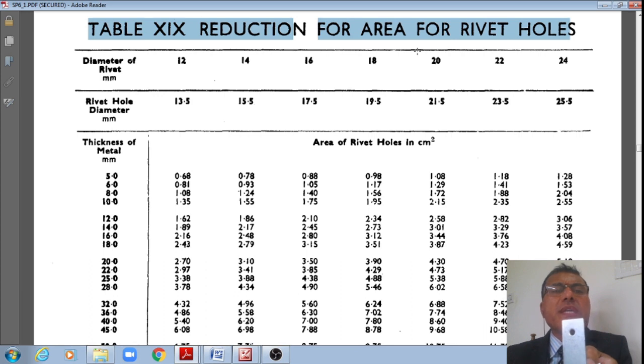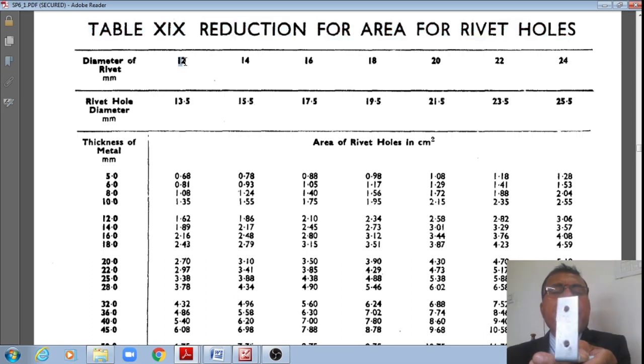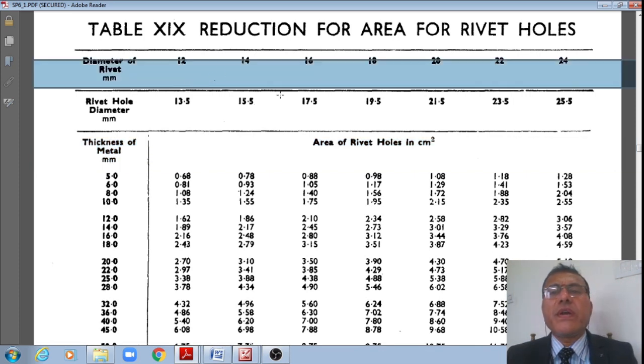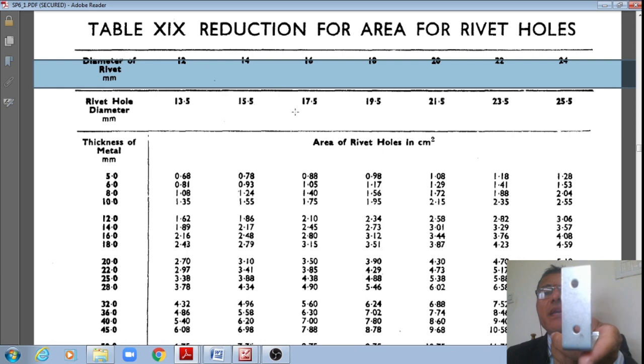Then if I am using a rivet diameter of 12 mm, the rivet hole diameter is 13.5, because 12 plus 1.5 as per the code, 1.5 extra. Therefore, if the thickness of the metal is 5 mm, now I do have how much of reduction for this rivet hole.